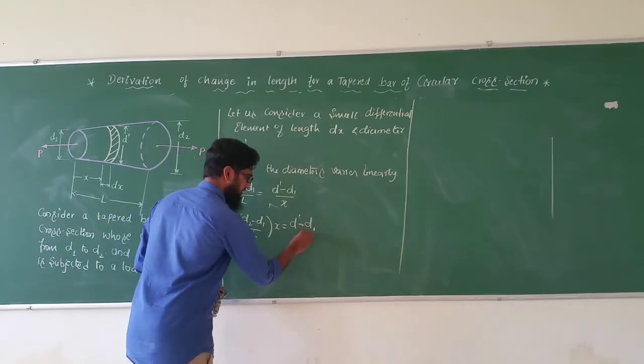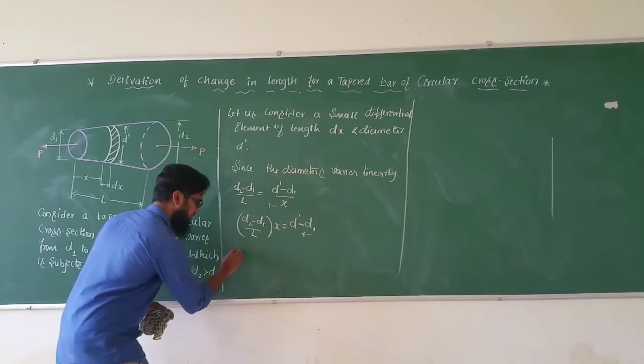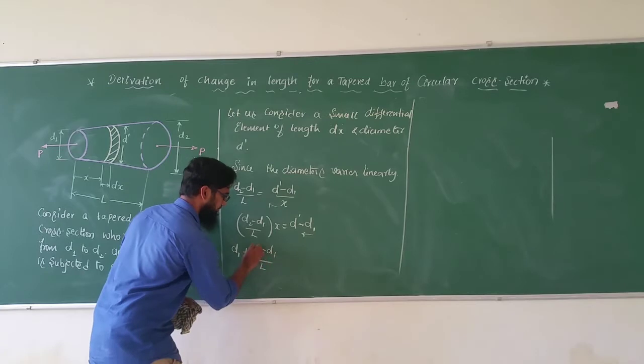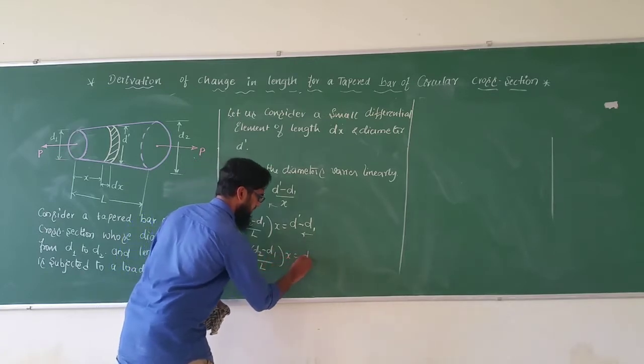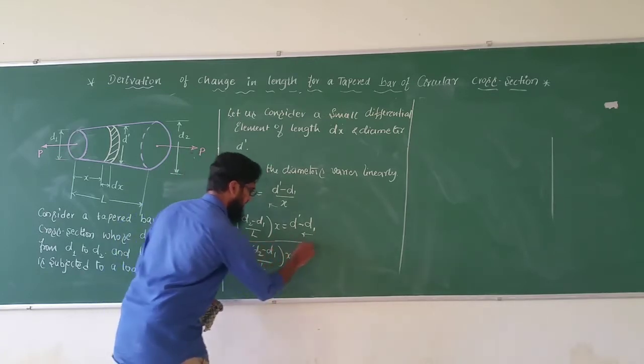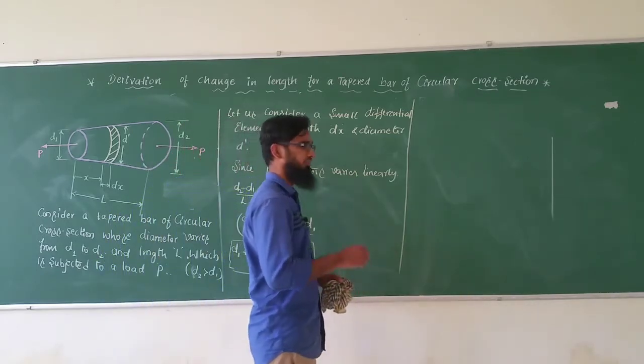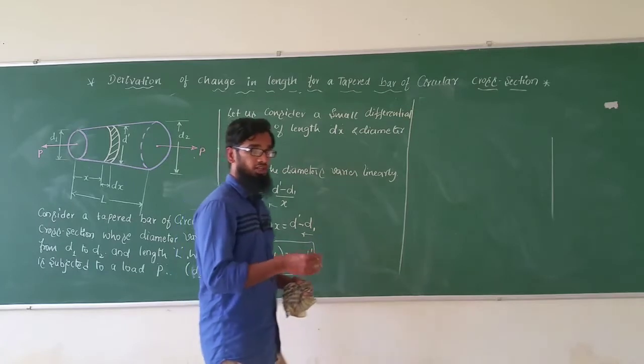Taking minus d1 to the left hand side, d dash equals d1 plus d2 minus d1 by L into x. That is the diameter of the differential element.